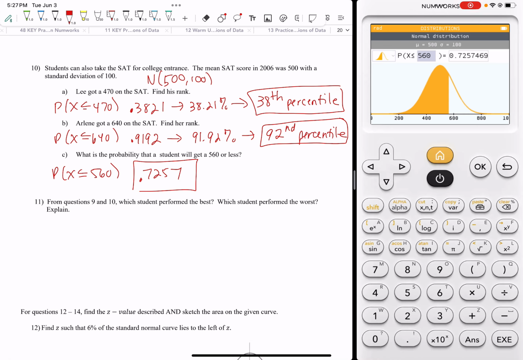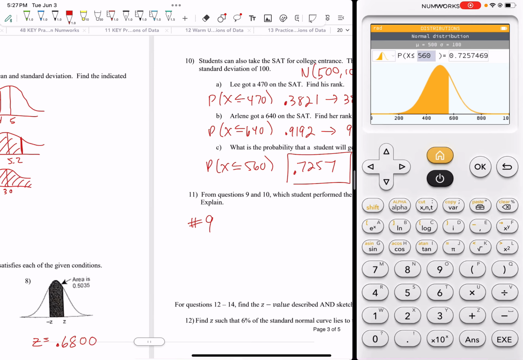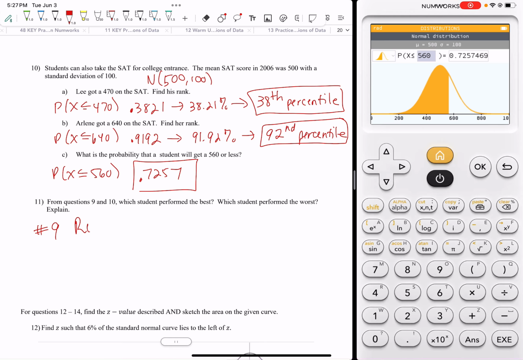So it says here again from question 9, let's see who did better. Oop. It's on the bottom here, sorry. So question 9, well, Robert definitely did better because he got in the 96th percentile and Jill only got in the 31st percentile, right? So Robert did better.